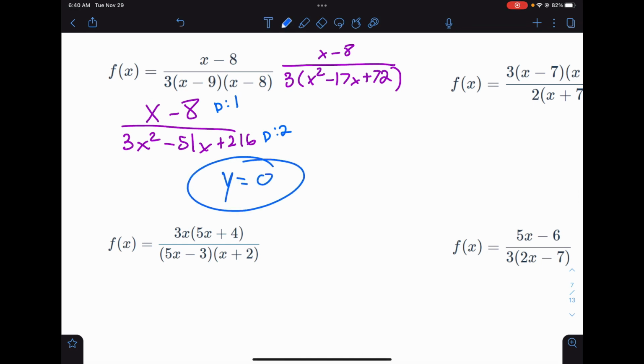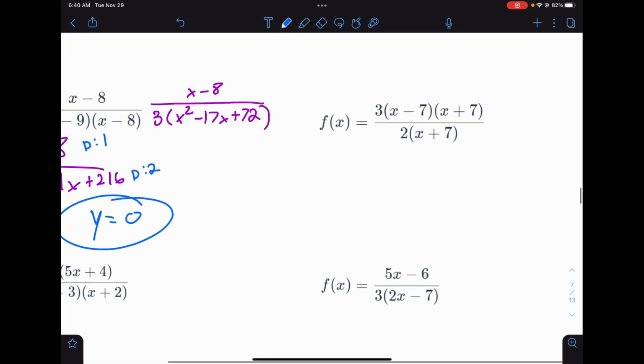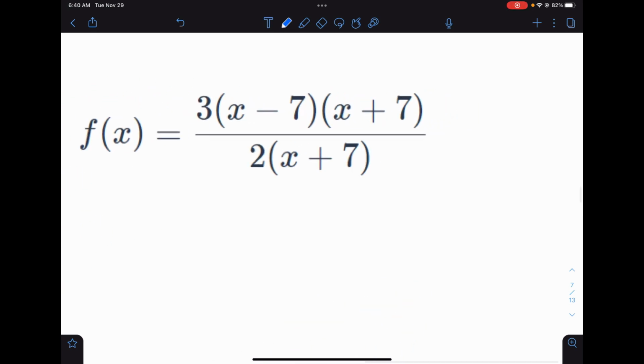And that's our answer. All right, let's go ahead and try this one out. This one, I would say you probably don't even have to multiply out to do. Our degree on the top is going to be 2, and our degree on the bottom is going to be 1.